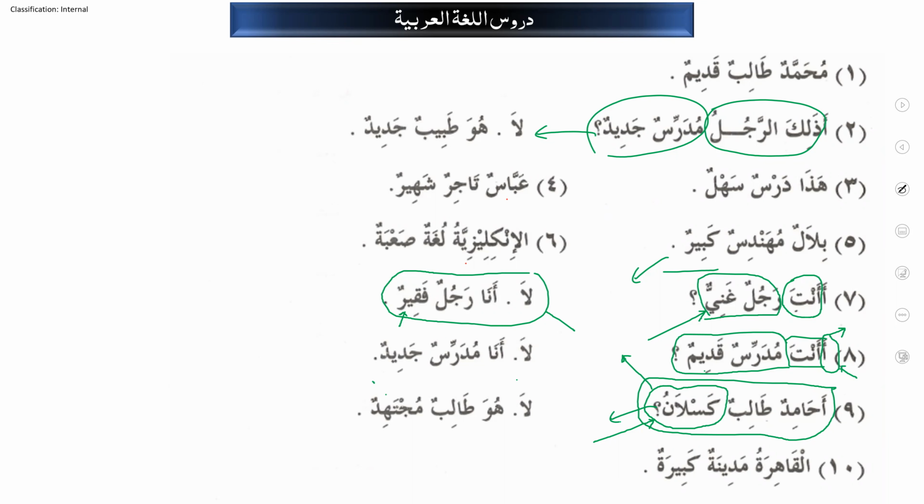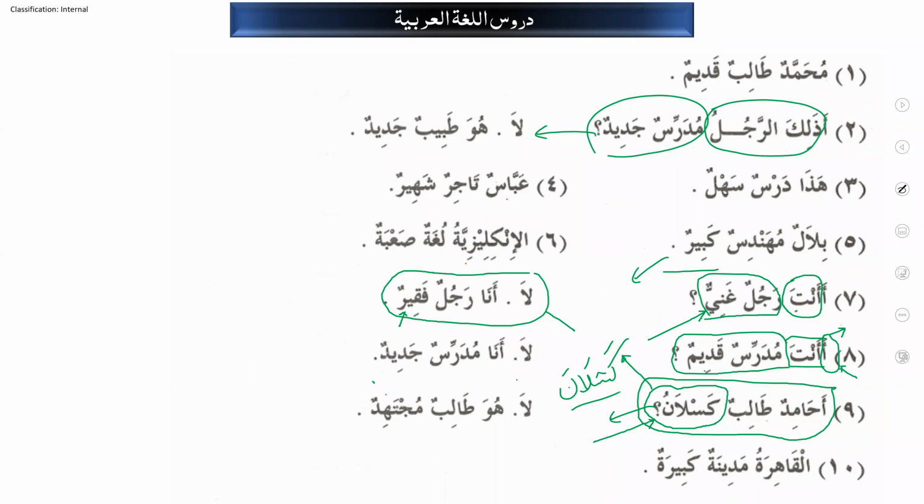Kaslana. Good. Okay, what will be the majroor of Kaslanu? Kaslani. That is what I got. My mind got active that I should ask this question to the student.